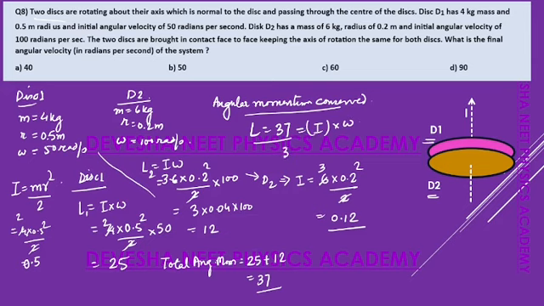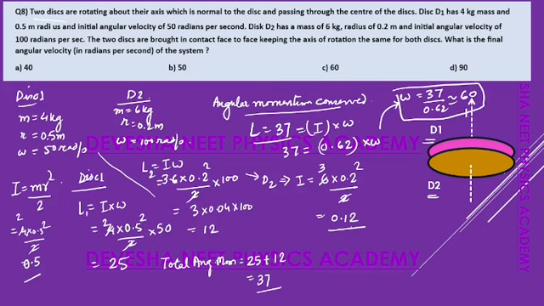So 37 is equal to 0.5 plus 0.12, which is 0.62, into W. So W is equal to 37 by 0.62, which is roughly equal to 60. So this is the answer. If you look at the options given to us, option C will be the answer there. Let's go to the next one now.